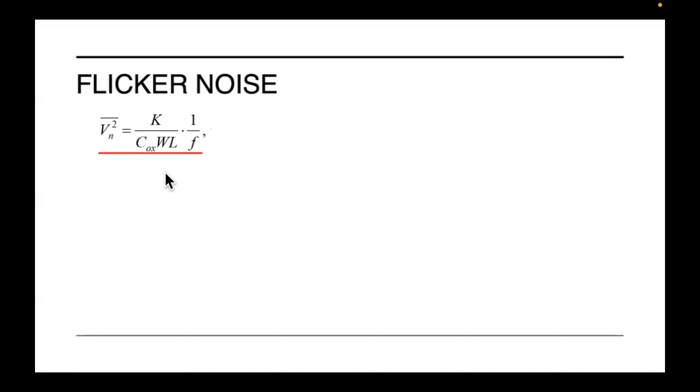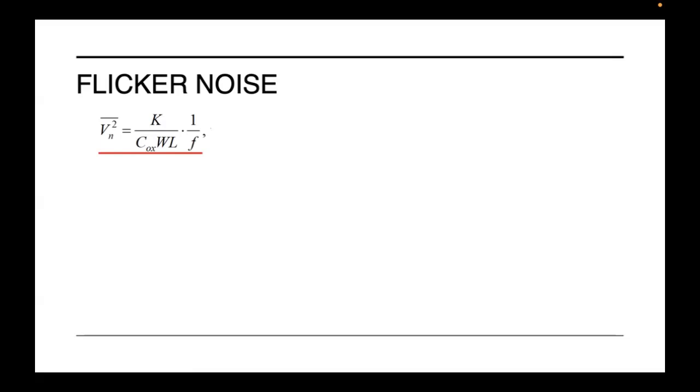W and L, of course, are the width and the length of the transistor, and f is the frequency. Using these parameters, you can study the flicker noise of your MOSFET.